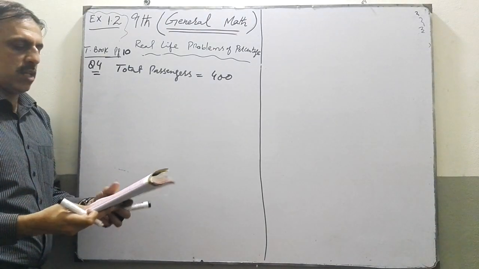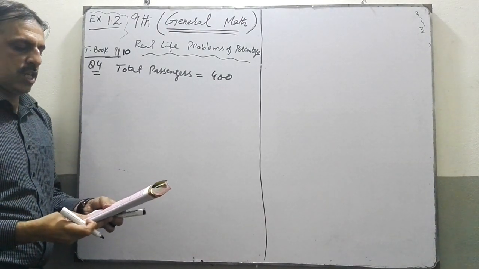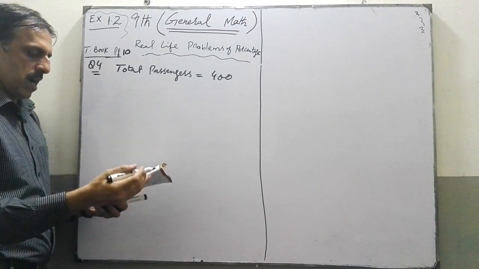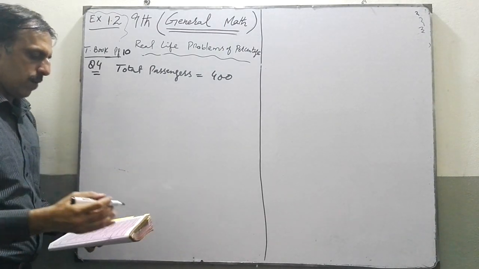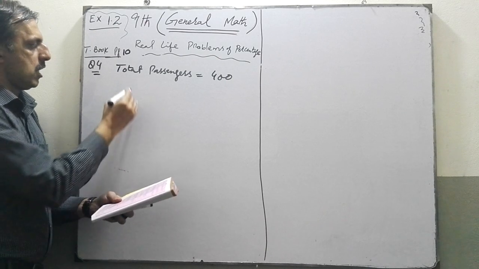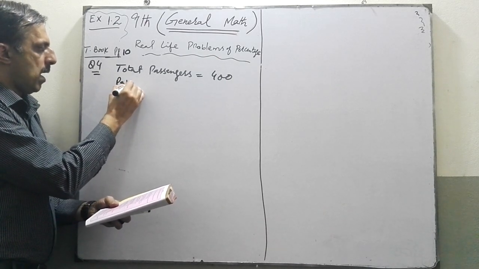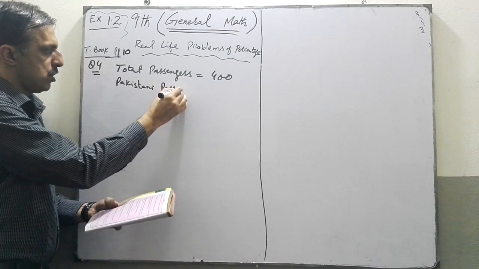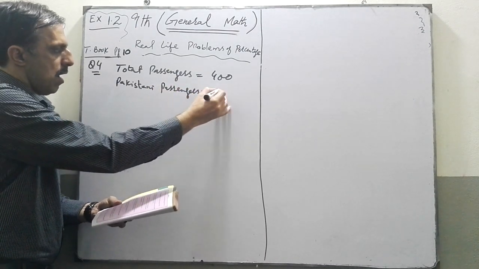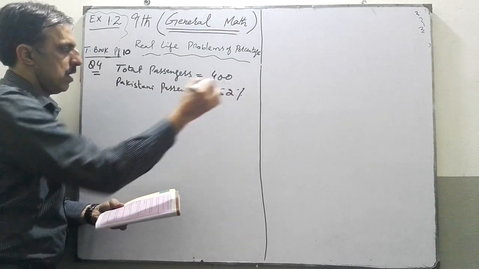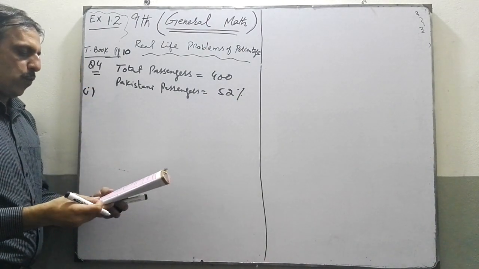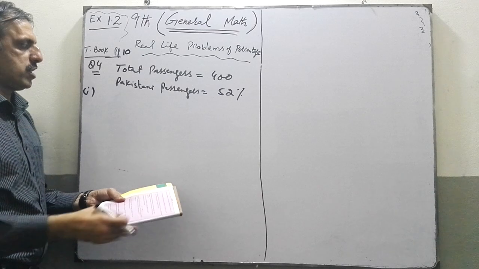Out of these, given that 52% were Pakistani. We write over there Pakistani passengers are 52%. Now, this is your first part in which we find how many people of each nationality.